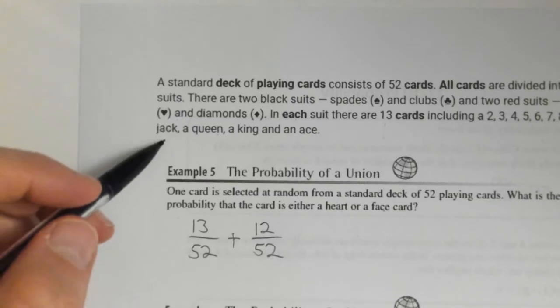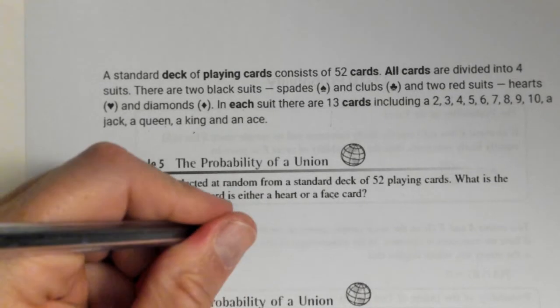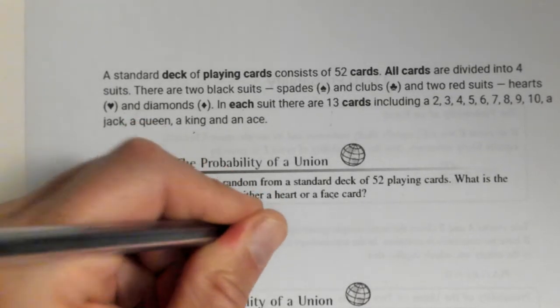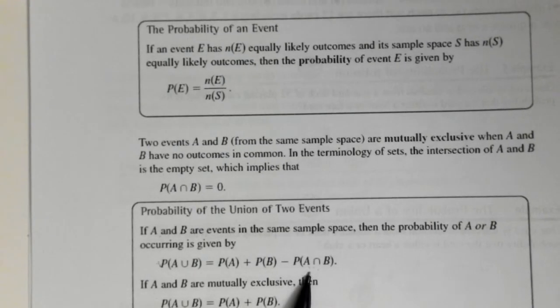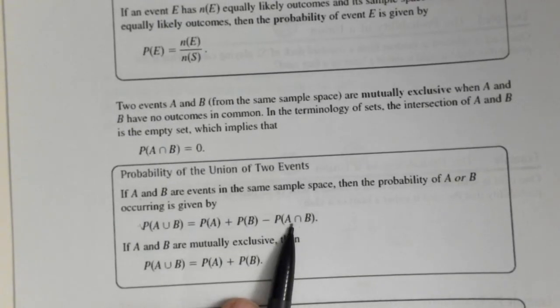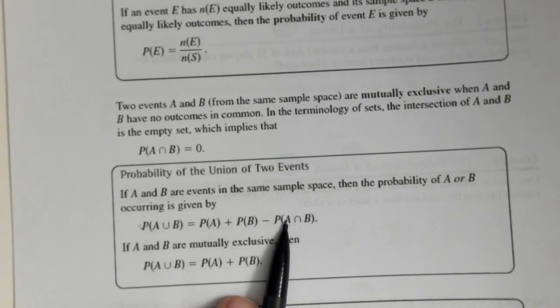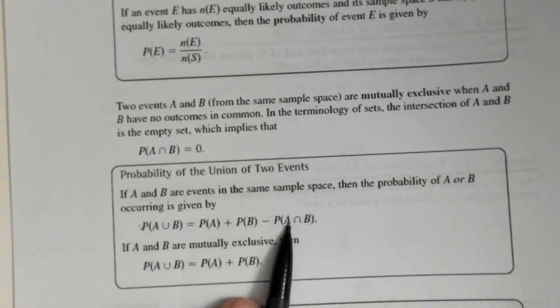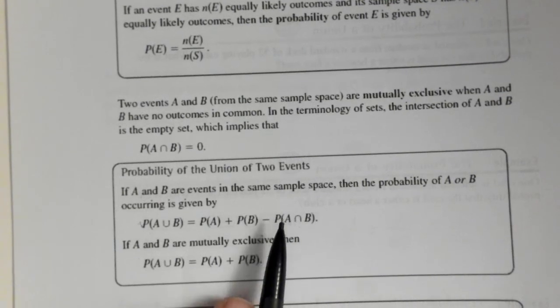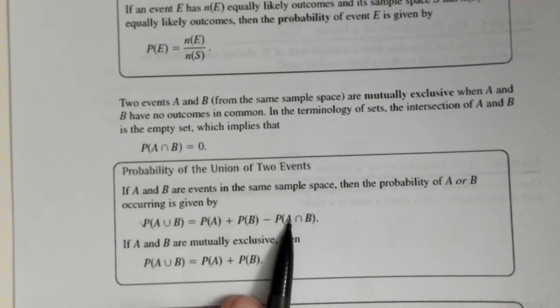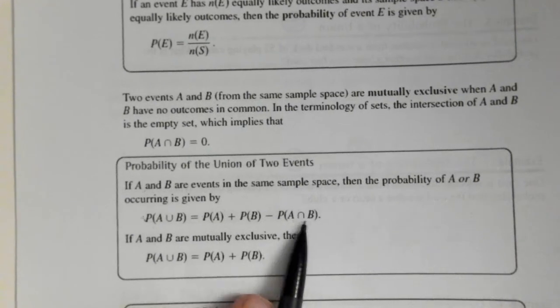Each suit has 3 face cards, so I'm going to subtract off the 3 out of 52. And that is going to be this portion of the formula right here: subtracting off the probability of the cards that are in both categories.